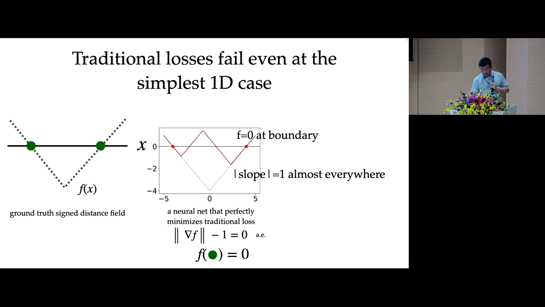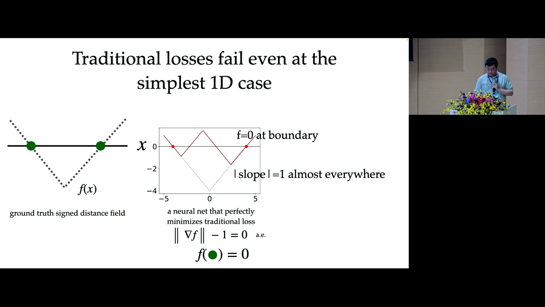You can see that at the 2 boundary points, f is actually 0. And if you look at every point on the red curve, the slope of the curve, which is the norm of the gradient of f, is actually 1 almost everywhere except at 3 points.